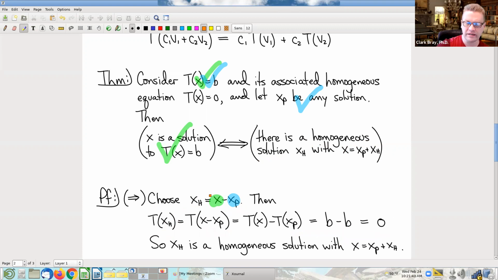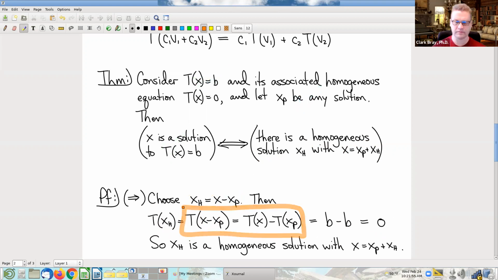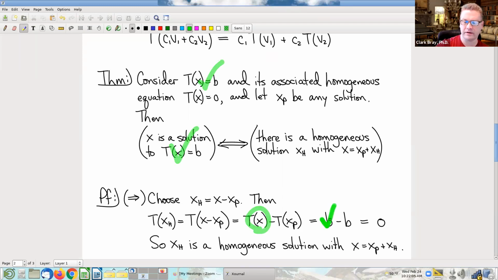Well, because xh is x minus xp, plug that in, use the linearity. Linearity means a linear combination in gives a linear combination out. T of x is b.